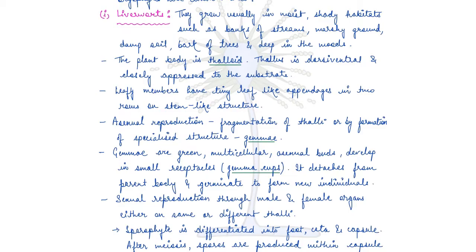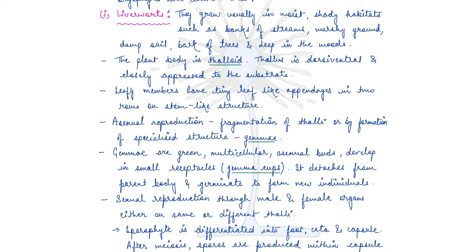And that is why I said that as we are moving ahead, you will find that the structure is not of a true plant, but it is very similar to that of a true plant.